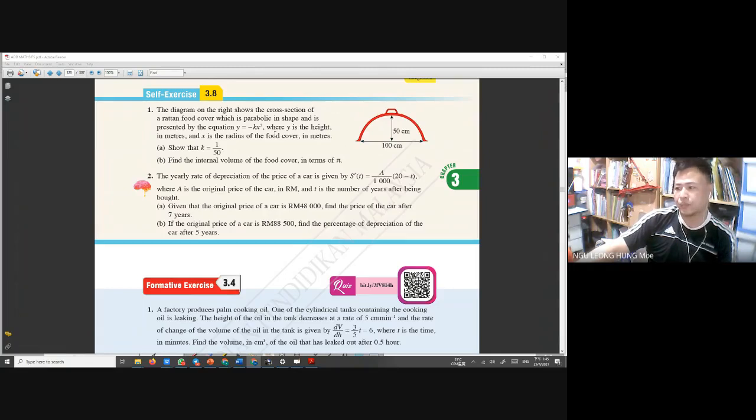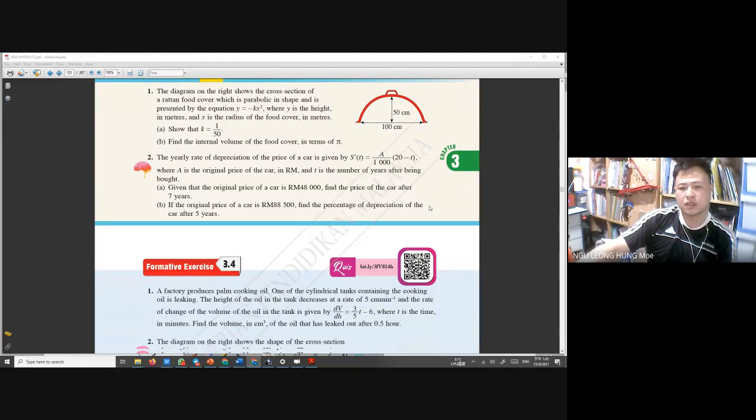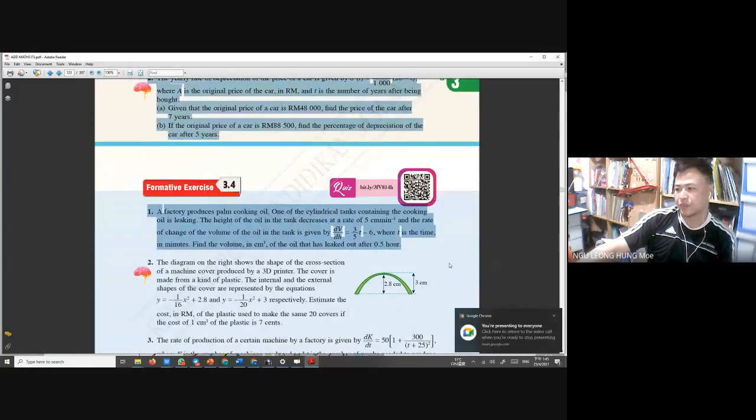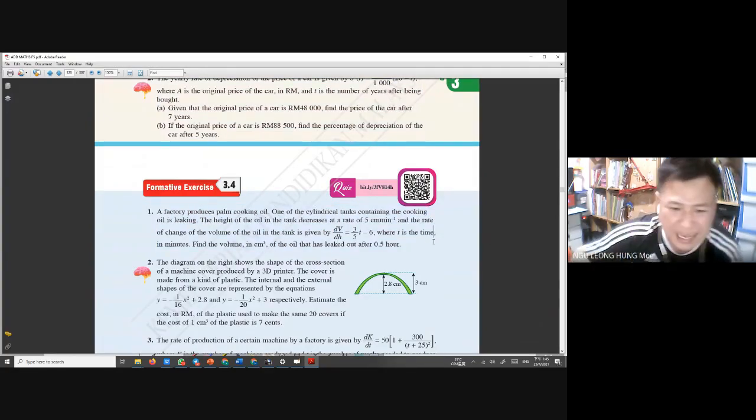Parabolic. So Jen and Chetai, okay or not with this kind of question? Parabolic question. You see this one is parabolic. This one also parabolic. The question B. Jen, Chetai, 50-50. Okay. I explain a little bit.